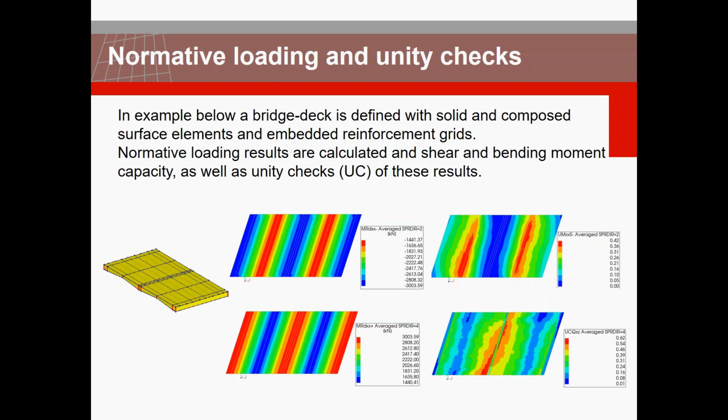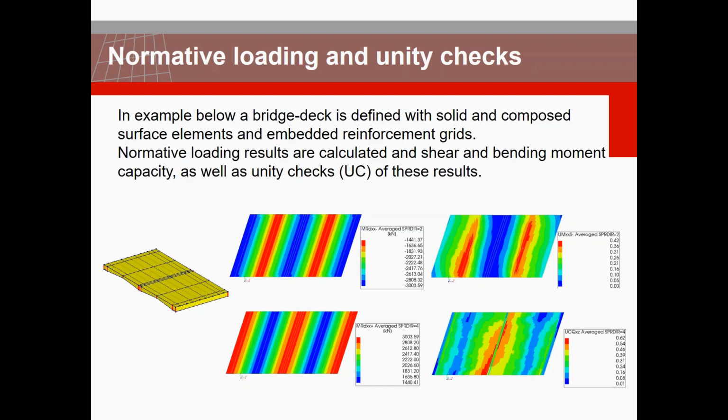And these unity checks are also available in Diana. So when you plot these unity checks, for example, here from the moments and here from the shear forces, you can easily check if the construction is well designed, if the construction can resist the loading. If the unity check is lower than 1, then the construction is okay. So in this case, this bridge was well designed.